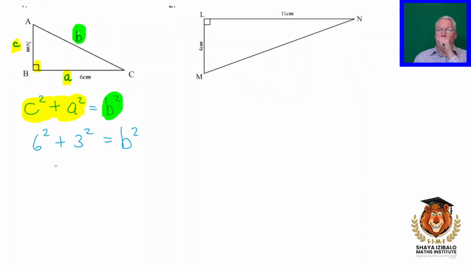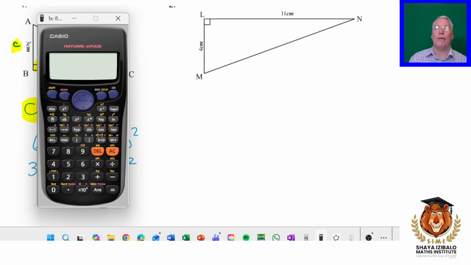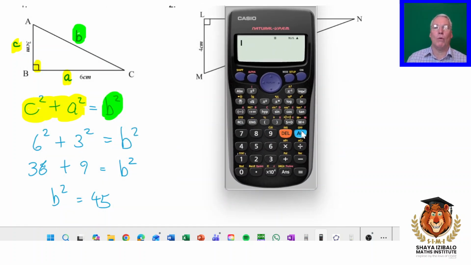So 36 plus 9 is b squared. b squared is 45. Now we're going to use our calculator to get our final answer. It hasn't told us what accuracy to give this to, but we'll give it to 1 decimal place.